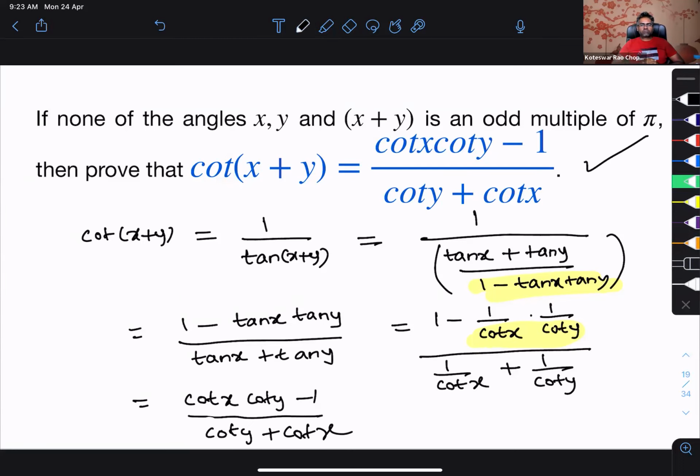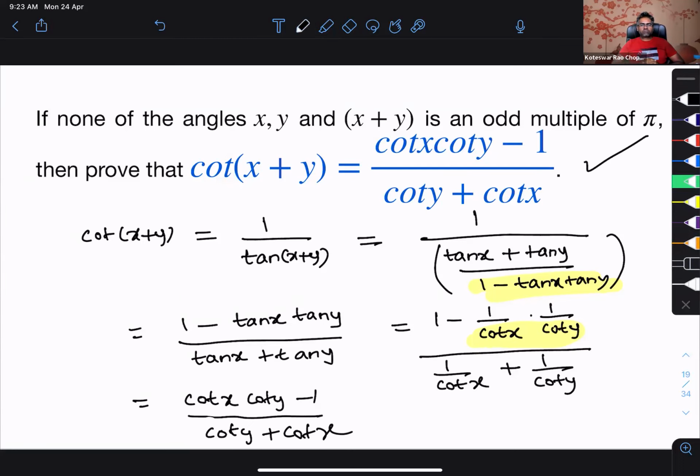And then again, convert your tans into cots. So you will have 1 plus 1 by cot x into 1 by cot y divided by 1 by cot x minus 1 by cot y.